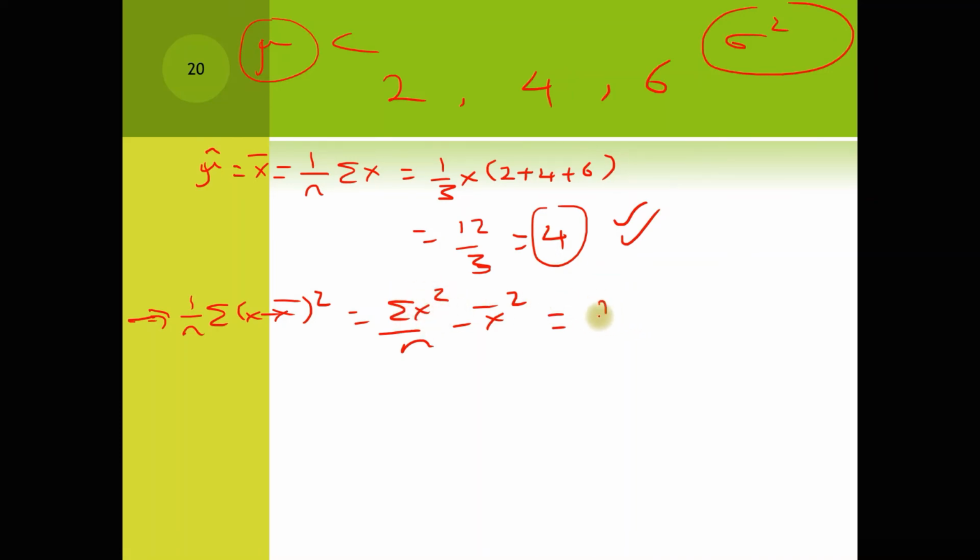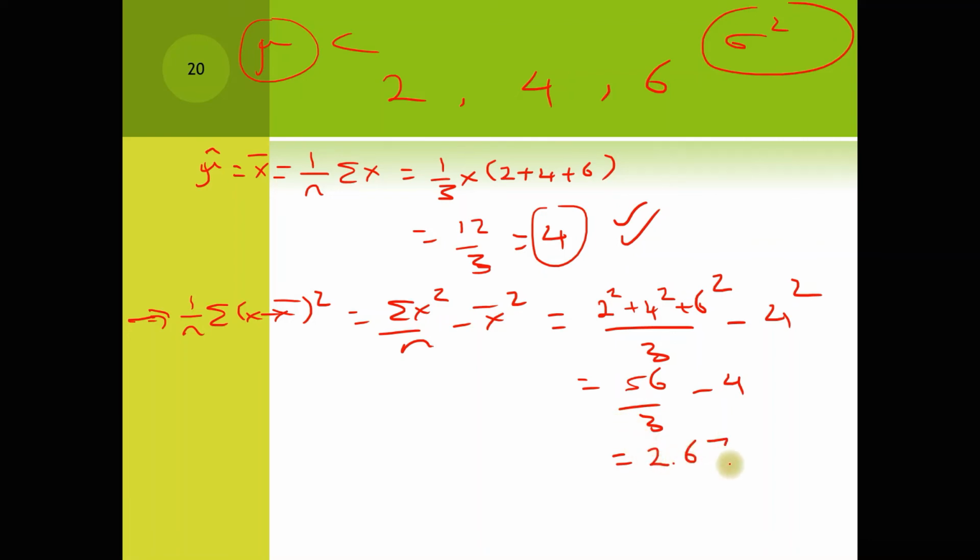So here it means 2 to the squared plus 4 to the squared plus 6 to the squared over 3 minus the mean that you've got, 4 to the squared. That is 2 squared plus 4 squared plus 6 squared, which is 56 over 3, minus 4 squared. And if you do the computation, you are supposed to get 2.67, all right?